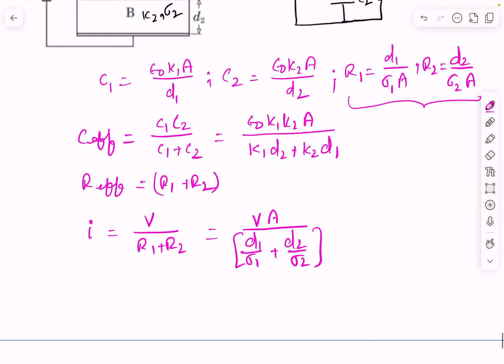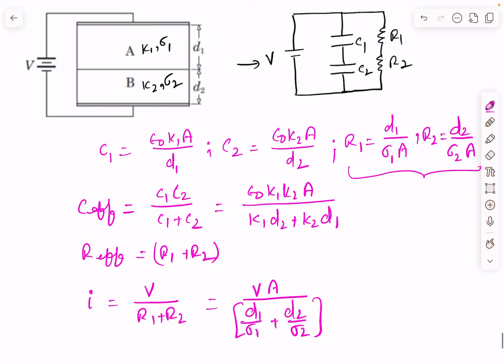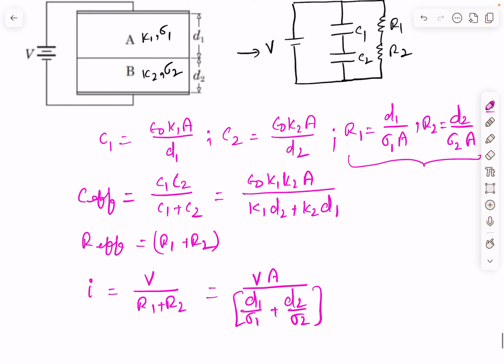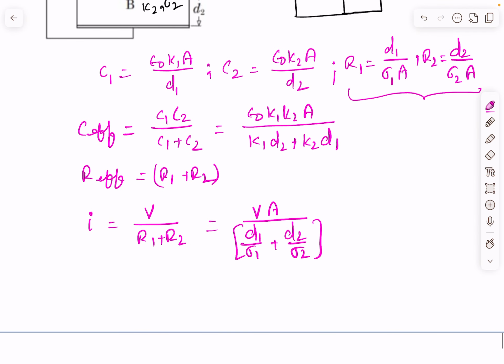So for electric field calculation, first of all we need to calculate the potential differences across C1 and R1 or C2 and R2. Potential differences across C1 and R1 will be same. Similarly, the potential difference across C2 and R2 will be same. So let us call V1 as the potential difference across the first capacitor or the first resistor.